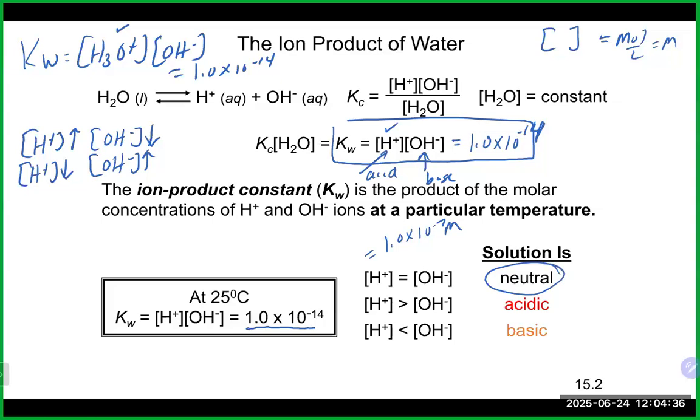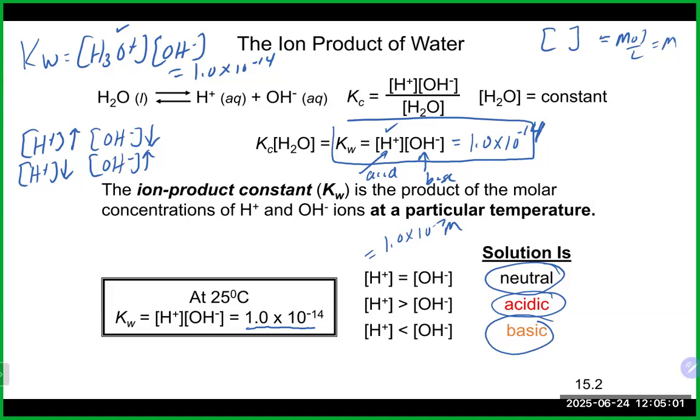You will have a neutral solution. If you calculate the H+ and it's larger than the OH-, so the acid part of the solution is greater than the base part, then you're going to have an acidic solution. And if you calculate the OH- and it's larger than the H+, so the base part of the solution is larger, you will have a basic solution.